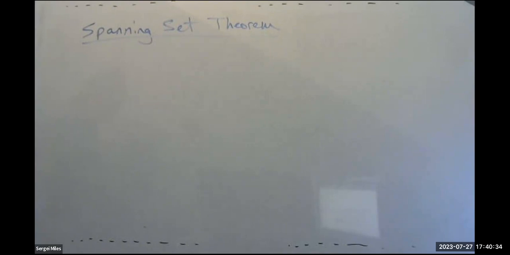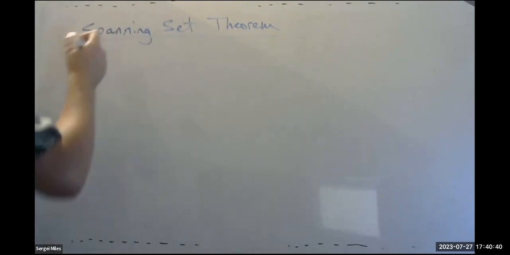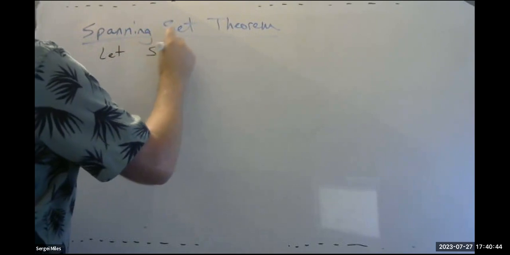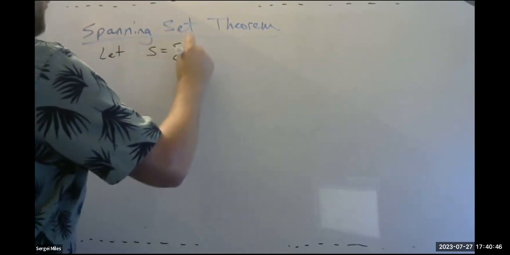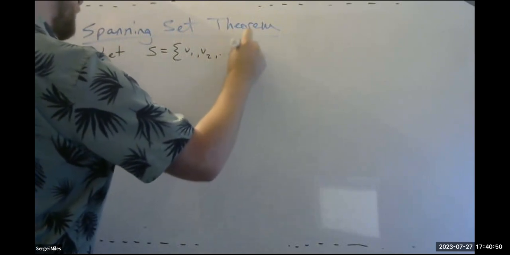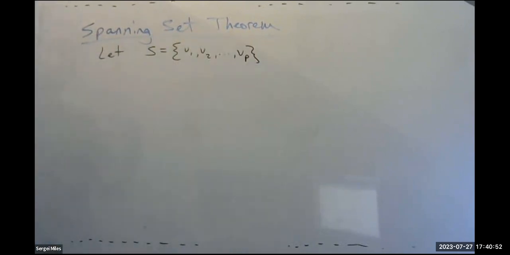All right, no matter. The spanning set theorem, what does this say? Well, let S be a set of vectors. Doesn't matter how many. Let's just say that there are P vectors, V1, V2, up to VP. There are P of these vectors.